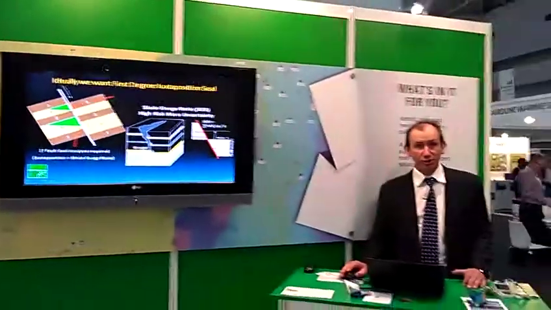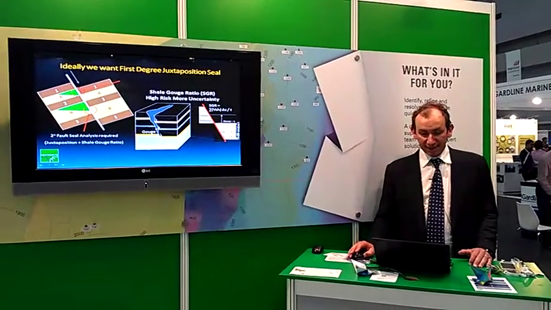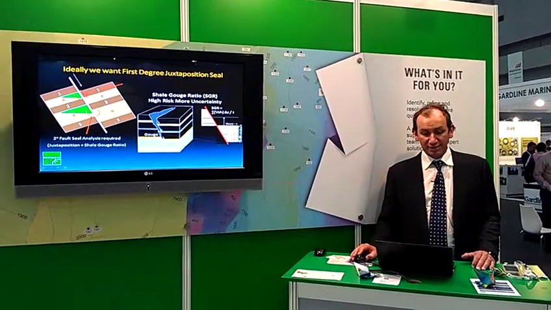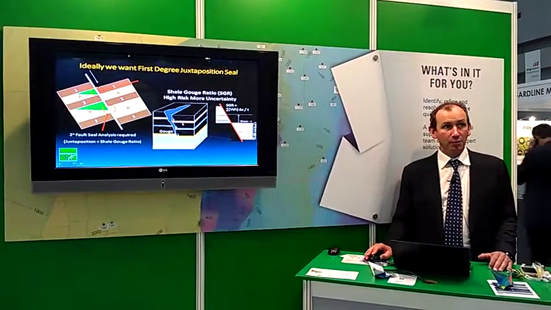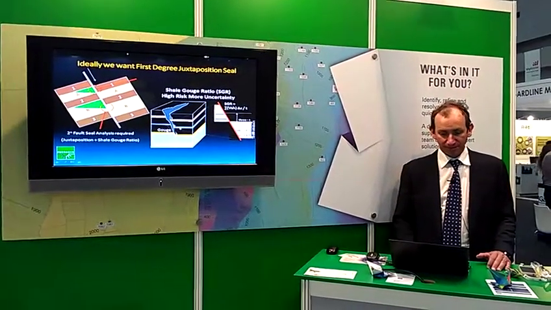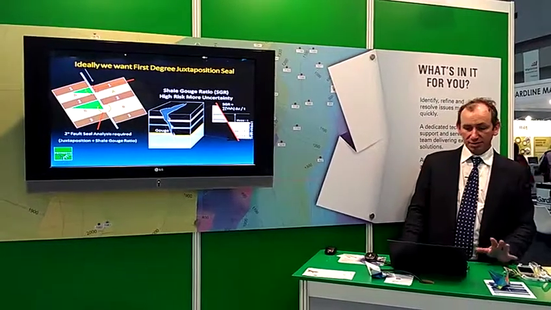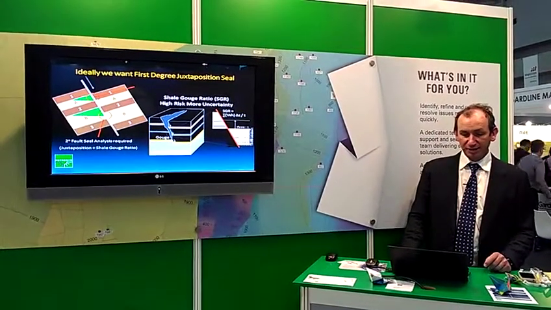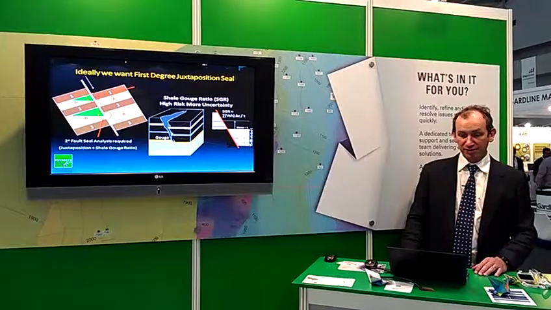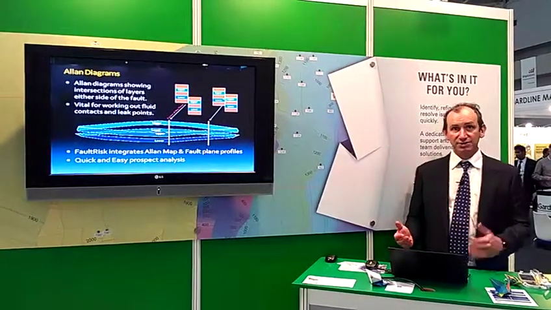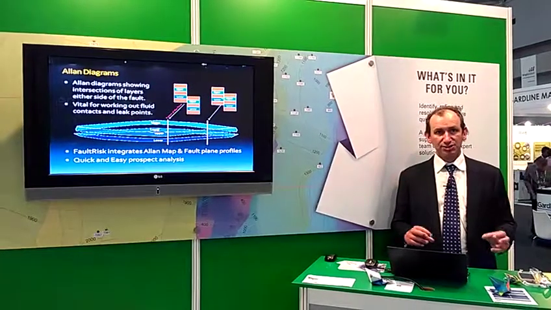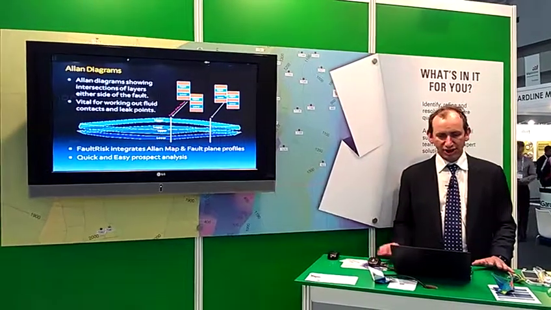The shale gouge ratio works by taking a single point in the fault plane, and with that single point in the fault plane, you're looking at how much material can move past it and what proportion of that is sand or shale. So that's the most commonly used seal mechanism. As I said, the one you want to look for is that primary juxtaposition. Okay, so doing the fault seal calculations, we've said we've got the uncertainties, we've talked about juxtaposition and SGR.